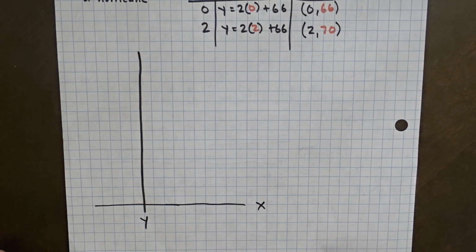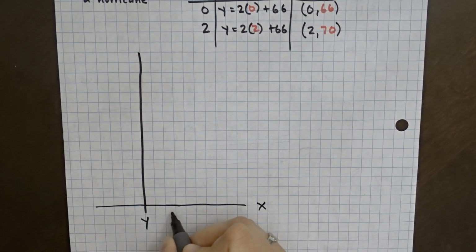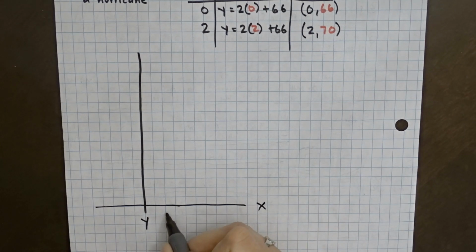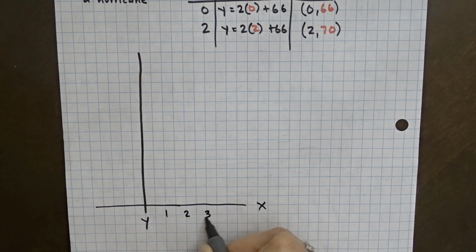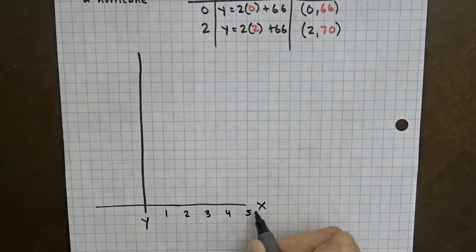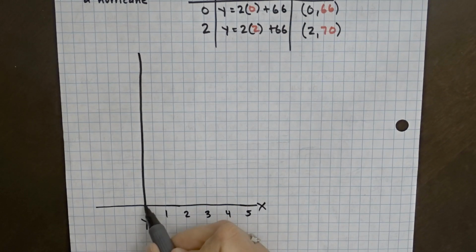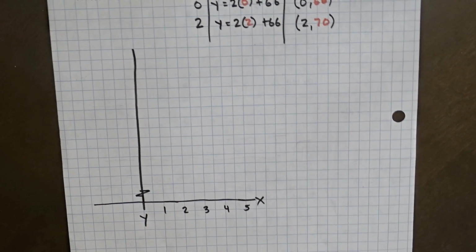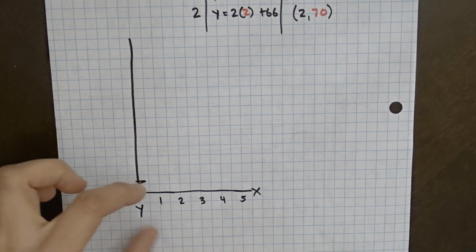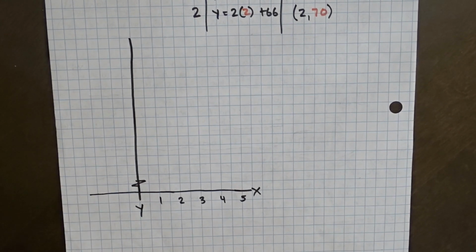Let's go up to a couple hours: 1, 2, 3, 4, 5. I'm going to do a little break. When you see a zigzag like that in your graph, it means we took a piece out of the axis and we're going to jump to the bigger numbers.